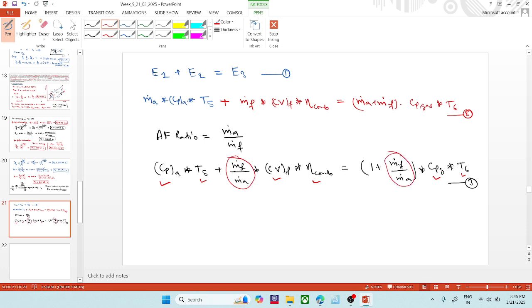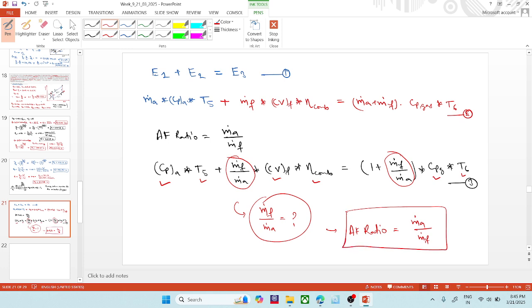By putting all these values here, we can determine this term, m dot F divided by m dot A. Once we calculate this, the air fuel ratio would be m dot a by m dot f, just the reversal of this. Okay, so this would be the answer.